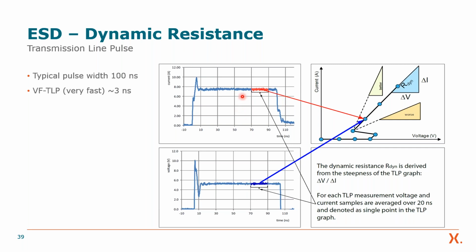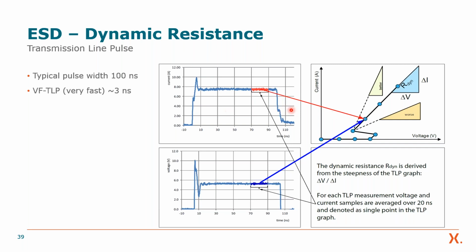You record voltage and current. Then you average in a window between 70 and 90 nanoseconds, and you get a point on an IV chart. So the result is a so-called TLP curve, which you can understand as an IV chart for the pulsed condition. So actually how the device behaves under ESD.